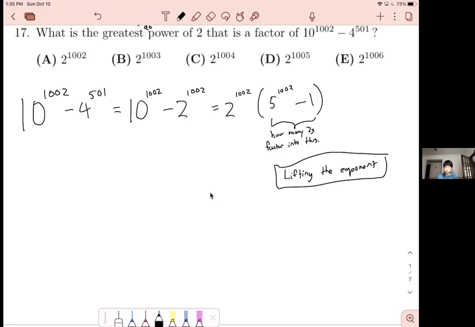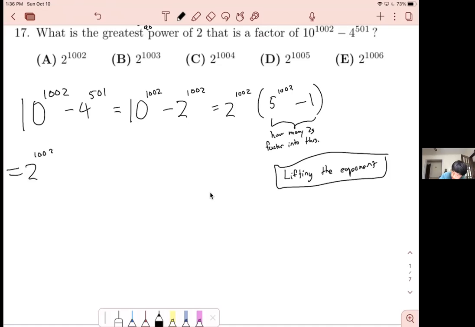But it's not really worth using here, and lifting the exponent also doesn't really work very well for 2. Okay, and so we'll use the old school trick instead, which is binomial expansion.